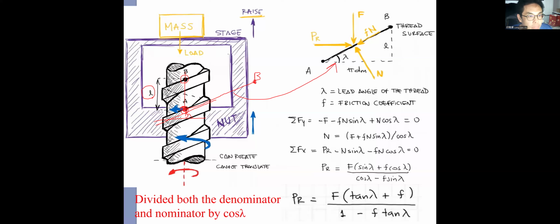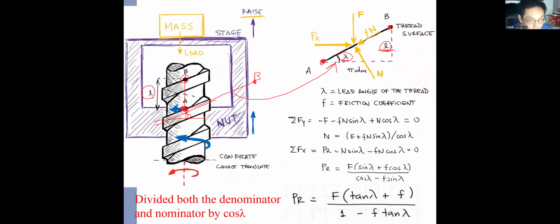As I mentioned, the vertical distance between point A and B is L, and the angle is lambda, the lead angle.